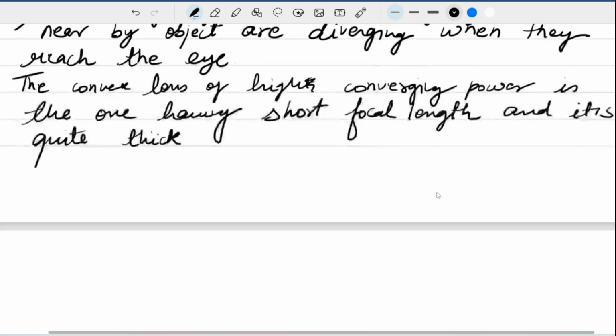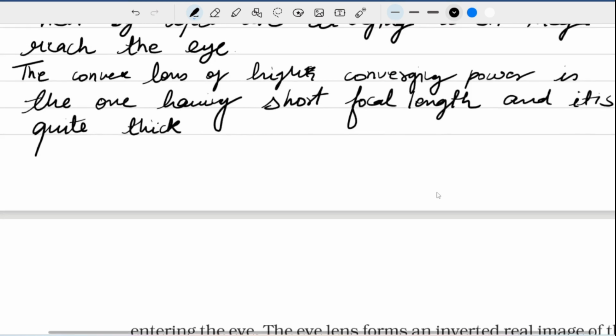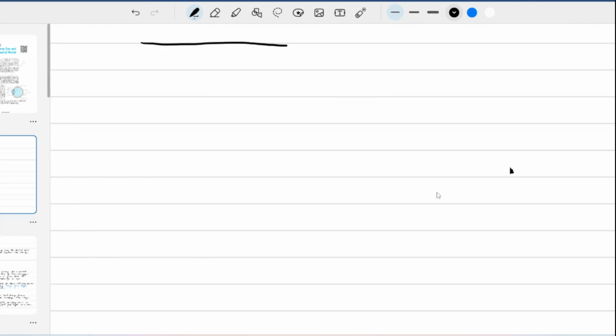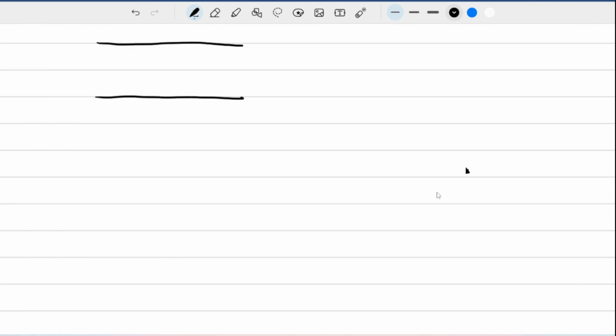If you want, you can make this diagram for your future reference, that these lines are parallel. And if the lines are parallel, that means these lines are coming from infinity.